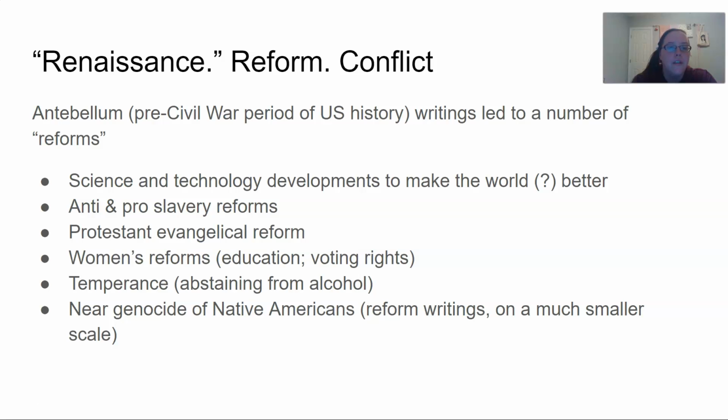There's this writing that led to Protestant evangelical reform, women's reforms in terms of women writing for and requesting, at times demanding, their place in education, the ability to vote, even reforms on temperance, probably what leads to prohibition, although I'm sure that there are a lot of factors that led to prohibition, which is outside of our scope as well.